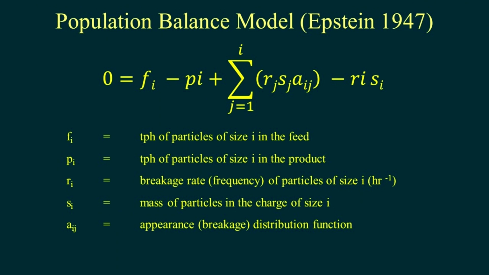To do that, the model requires some information about the feed, obviously. Most of the times we're interested in the model predicting the product size distribution. So if we take this particular case here, if we can give it the feed distribution, and if we can give it this term here, that's the breakage rate or the breakage frequency, and we can give it that term there, which is what's called the appearance or breakage distribution function, we can do something about predicting that.